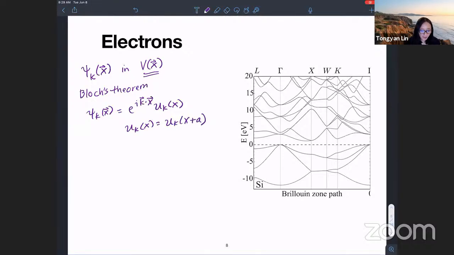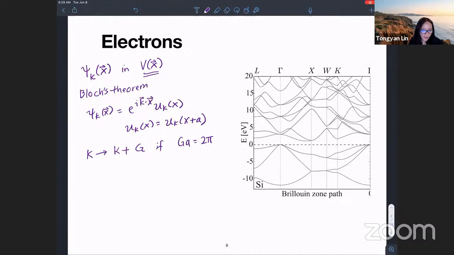And furthermore, these solutions, the set of all solutions, will be equivalent if you take this label K and change it to K plus a vector G, if GA is equal to 2 pi. And I'm doing it in 1D, but of course this will be in 3D, where you have a dot product of G dot some lattice vector.